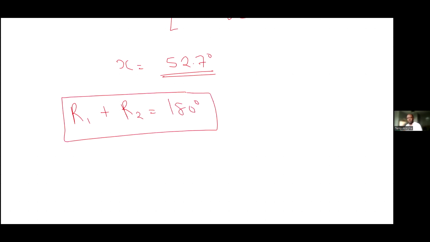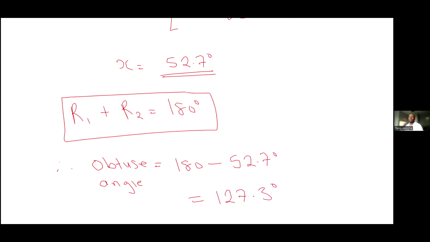So therefore, to get the obtuse angle, the obtuse angle is going to be equal to 180 minus 52.7 degrees. And that is going to give you 127.3 what? Degrees. And that will be the obtuse angle for that.